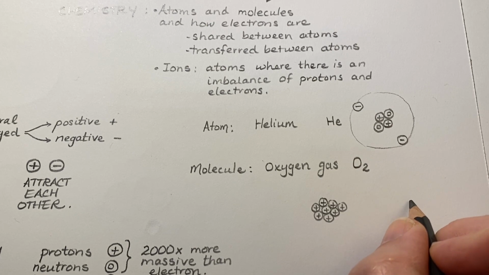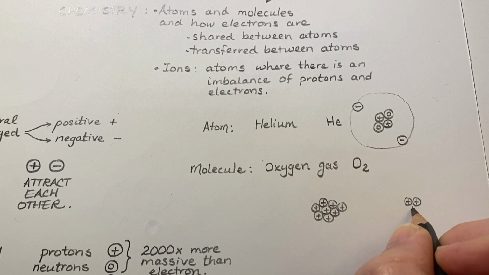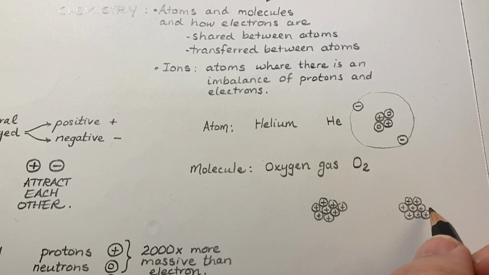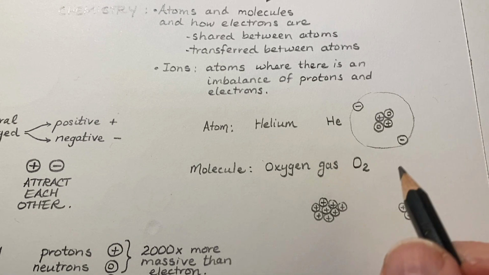And then we have another oxygen atom over here. 3, 4, 6, 7, 8. This oxygen over here has its 8 protons in the nucleus.